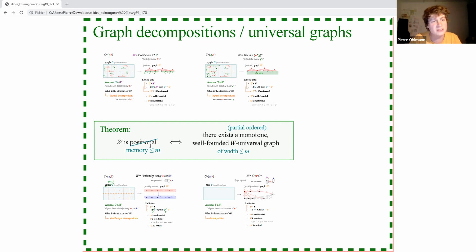Just by running this greedy algorithm, you end up either finding a morphism or never terminating. This is called the value iteration algorithm. So universal graphs give you the structural result, like this is positional if you have the totally ordered universal graph, but in this case they also give you an algorithm.